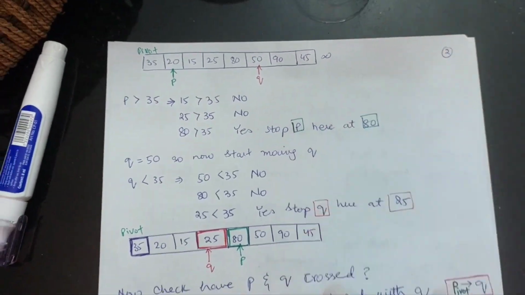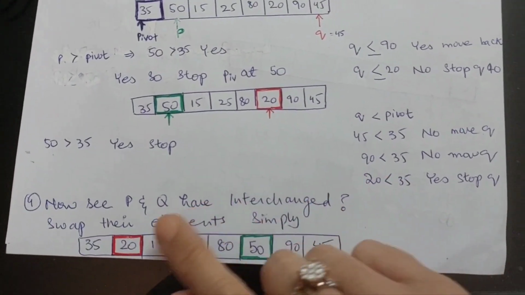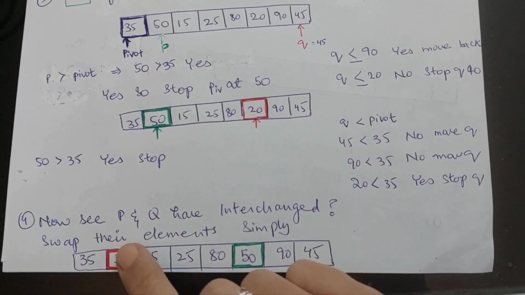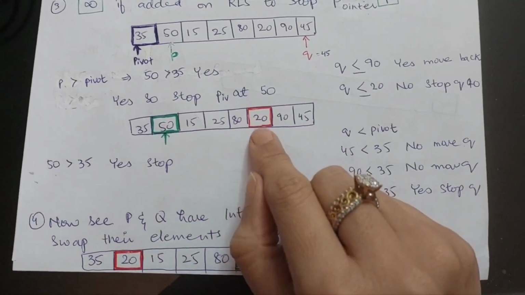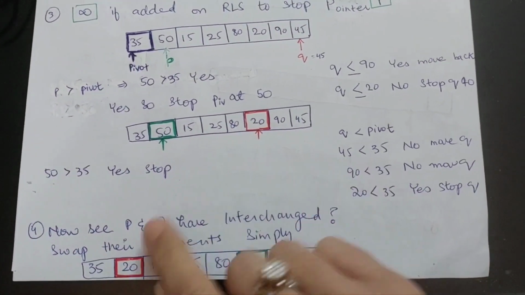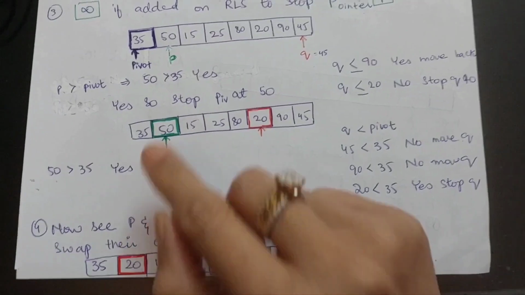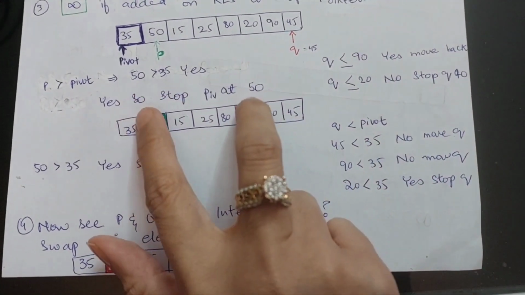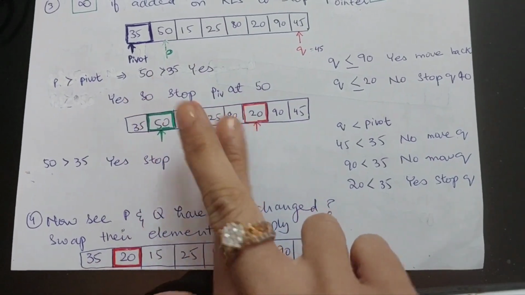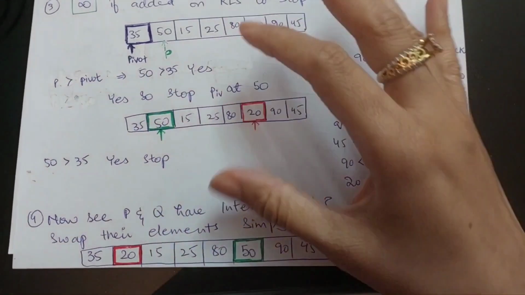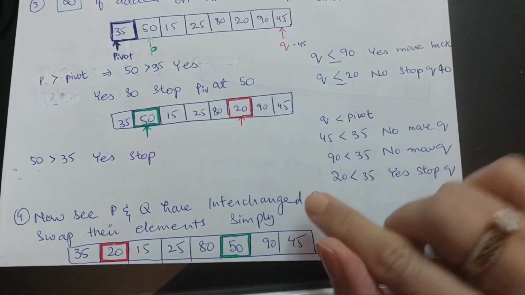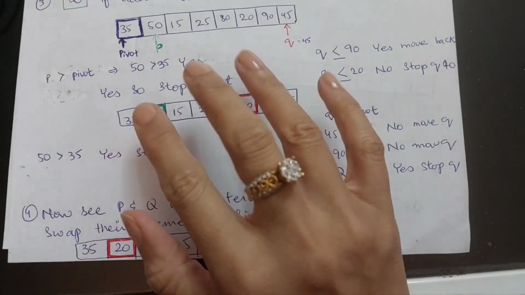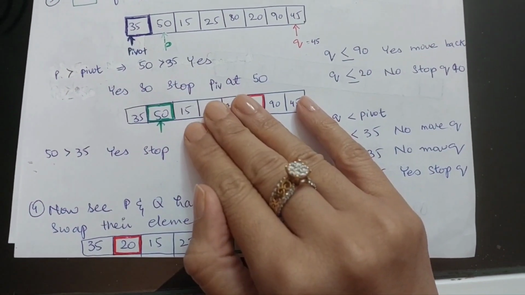So you can see over there that you have swapped their elements simply. This element q has come onto the position of p, and this element p has come onto the position of q. Only the positions of p and q have been swapped, and this is the only condition which becomes true when these pointers have not crisscrossed each other.